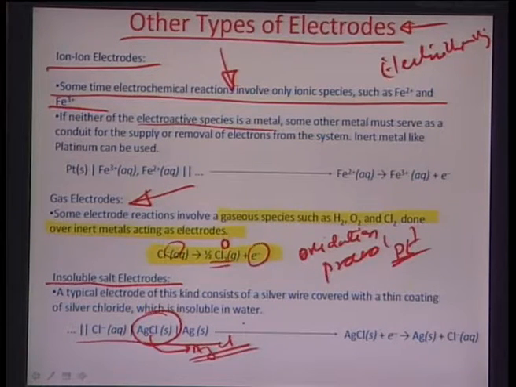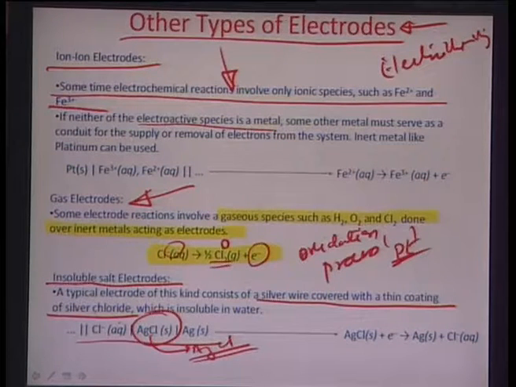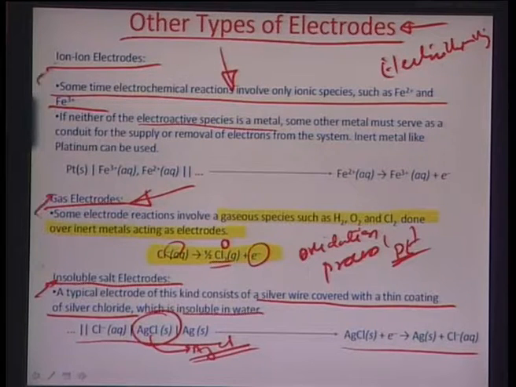In that case, you take a silver wire and cover it with a thin coating of silver chloride, and that formulates a good scheme of ion exchange, even though the salt is highly insoluble in water. So these are some of the types of electrodes that are used off and on for electrochemical sensing, apart from the conventional metal electrolyte electrodes.